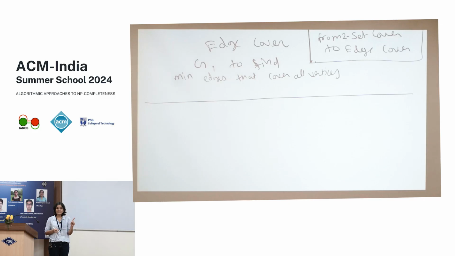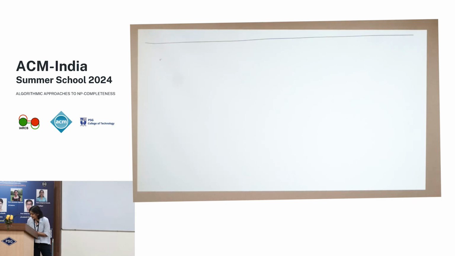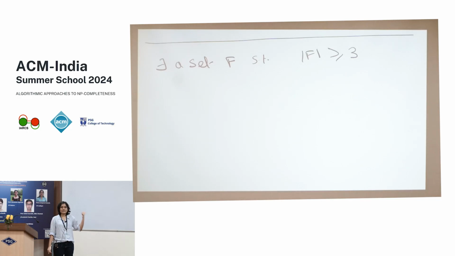At least one set of size at least 3. Okay, so let's say there exists a set F such that size of F is at least 3. Now in this case I will do the branching. Till now we have only done polynomial steps, right? And now this is what will give me that exponent running time, 1.3 something.